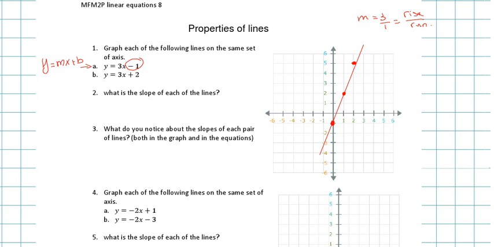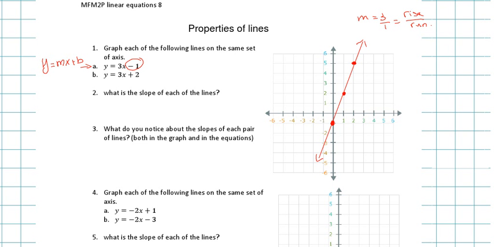You guys can make it more accurate than me. Remember that the line extends from both sides, so that's why we put the arrows. Okay? So this is line A.